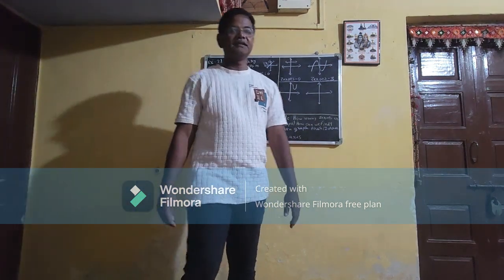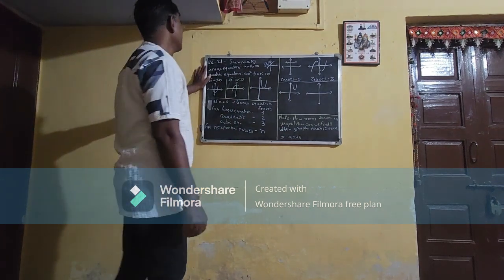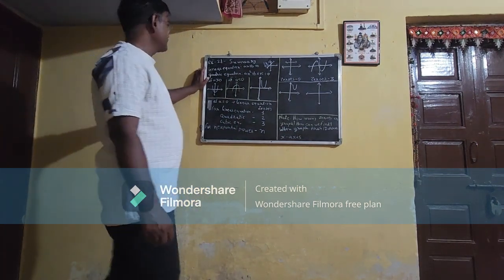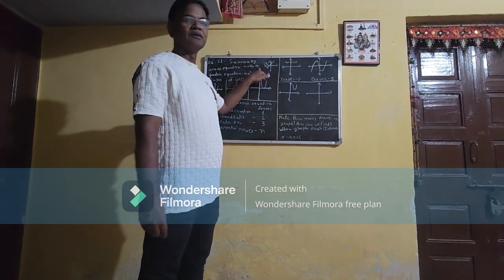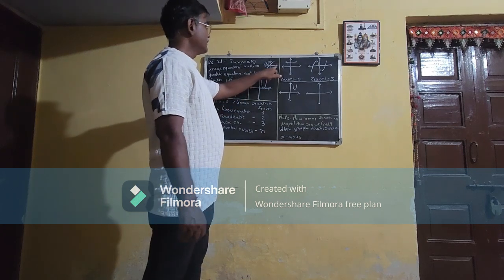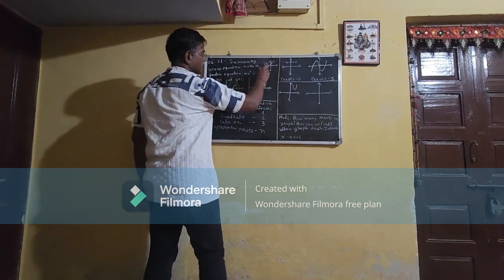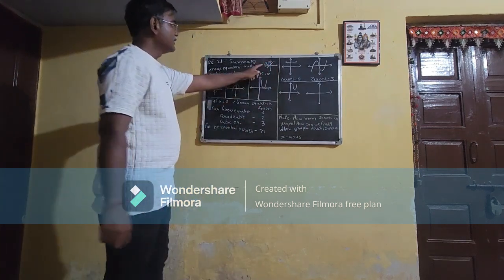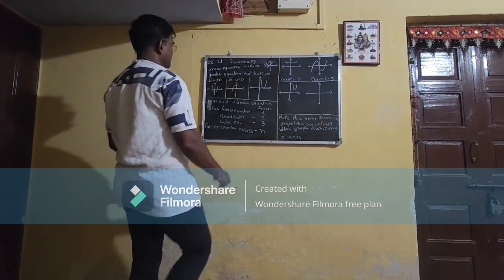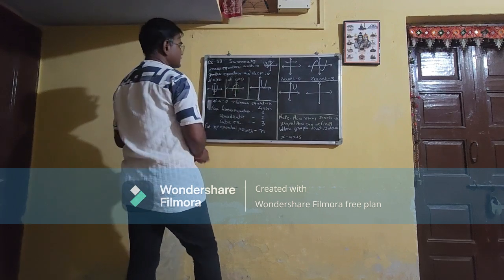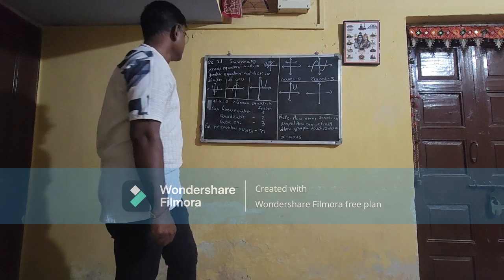Students, now we start the summary of exercise 2.1. We first started from the linear equation, ax plus b is equal to 0. Our graph is a line, and it meets at minus b upon a and 0. Quadratic equation, general formula ax square plus bx plus c is equal to 0.